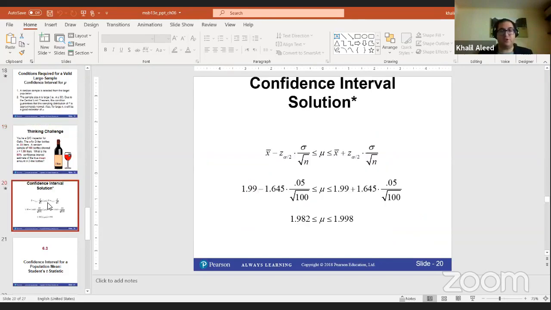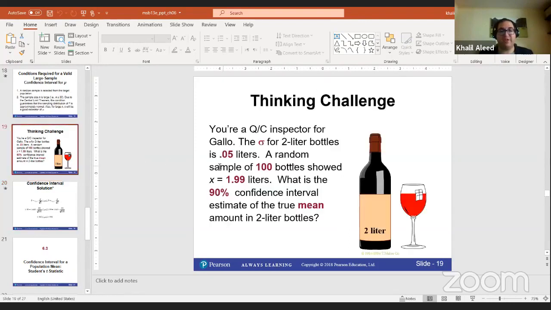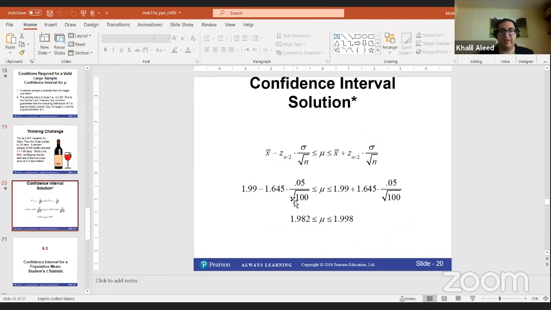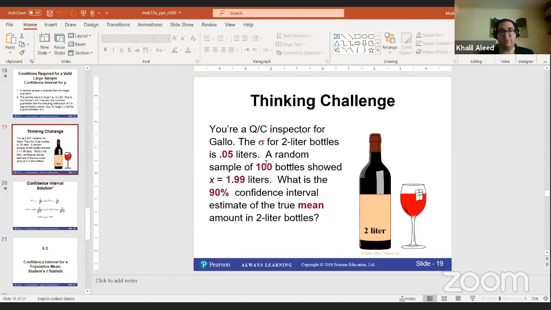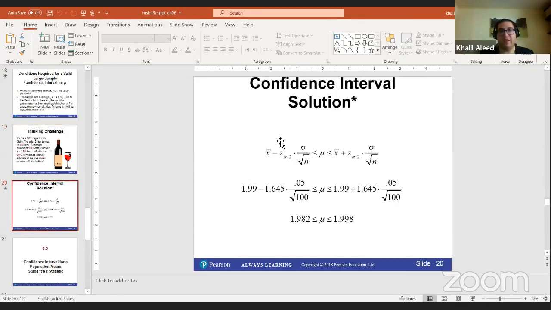So you go to the Z table and check the value of Z for 0.5, and that will give you a Z equal to 1.645. The standard deviation is given here as 0.05, divided by the square root of the sample size, since we took a sample of 100 bottles. That will give me the lower limit.